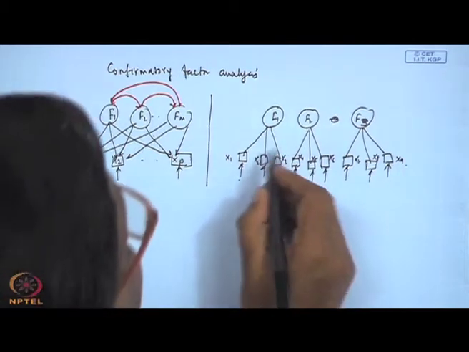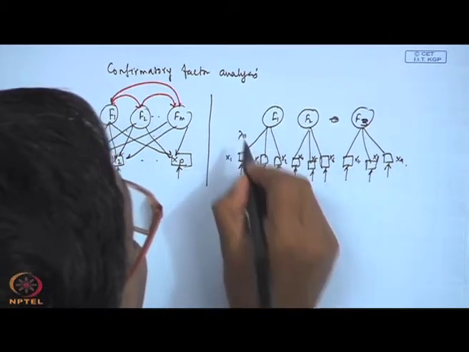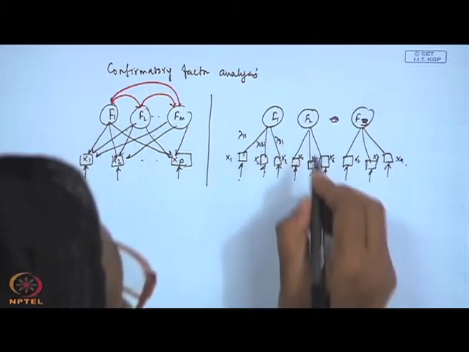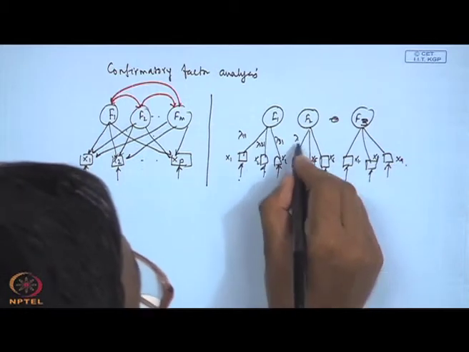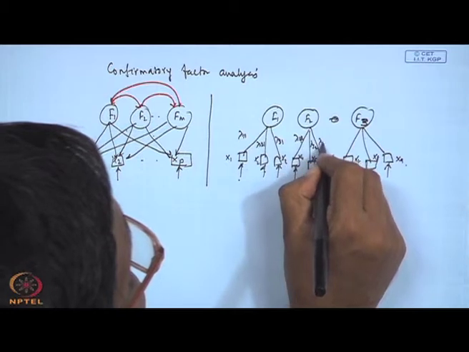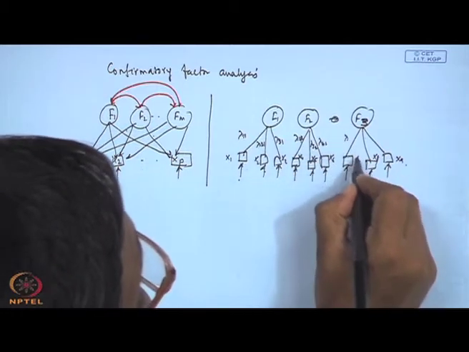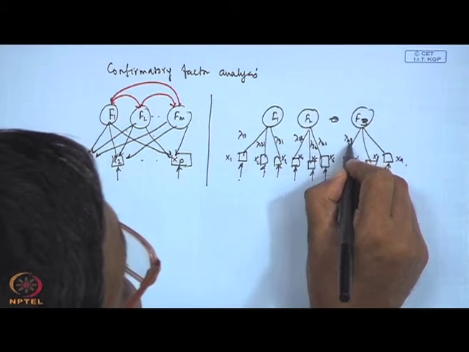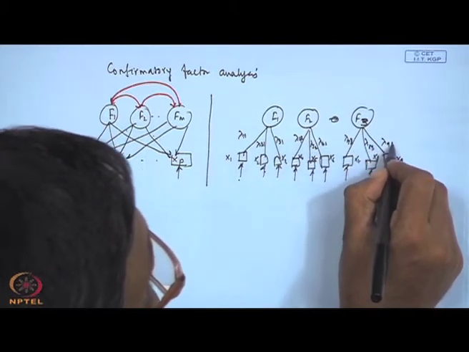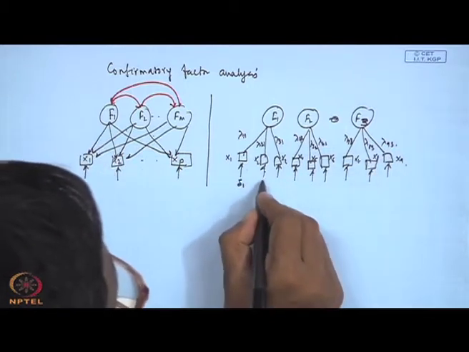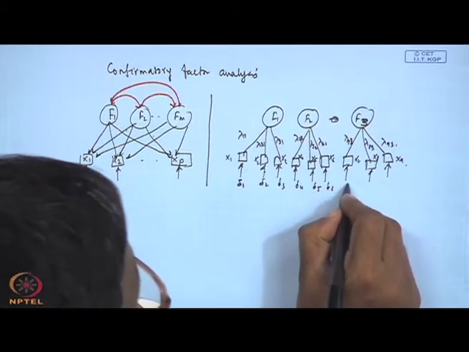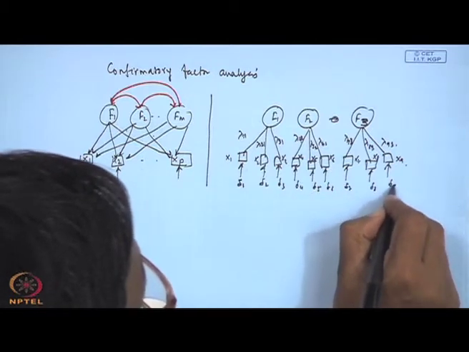Then these are lambda 1 1, lambda 2 1, lambda 3 1, then lambda 4 2, lambda 5 2, lambda 6 2, then lambda 7 3, lambda 8 3, lambda 9 3. And these are delta 1, delta 2, up to delta 9.